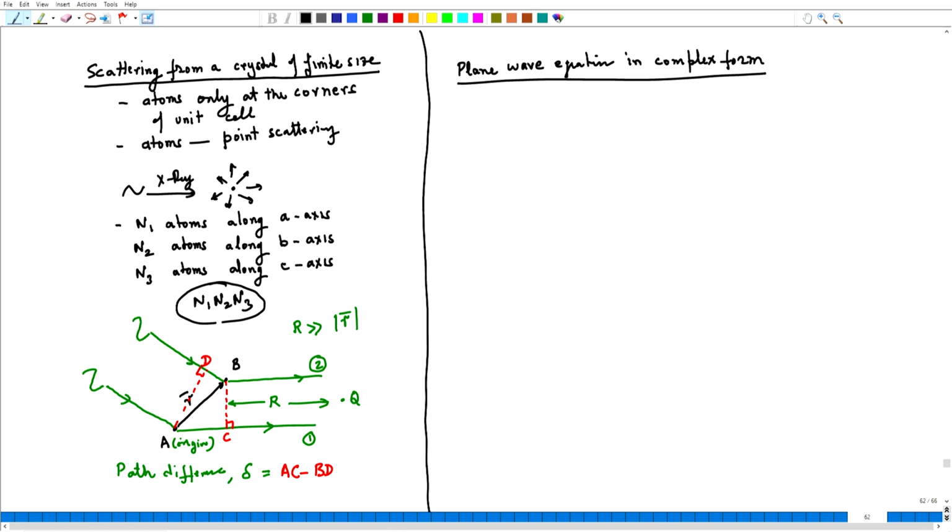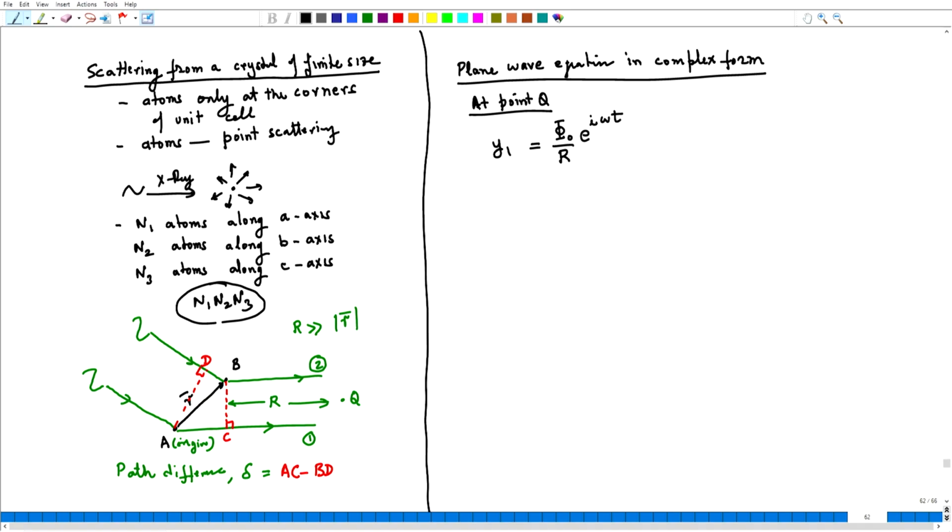So, consider ray 1, and I want to write down the wave at the point Q. So, at point Q, let me write down the wave equation in complex form, and let me call this y1.